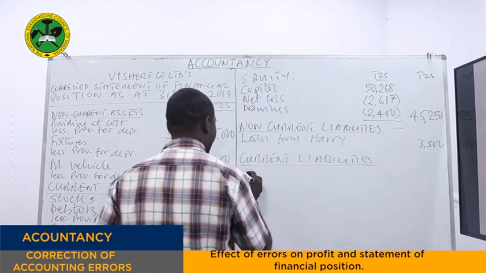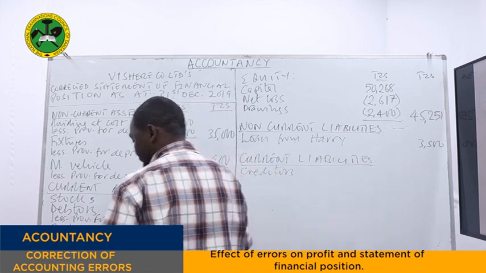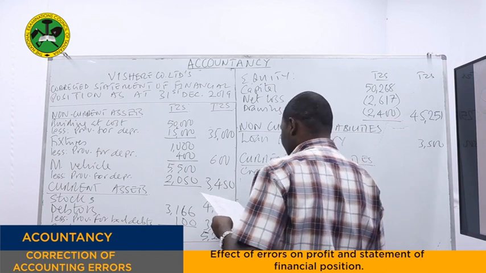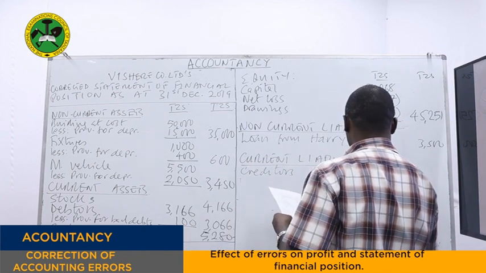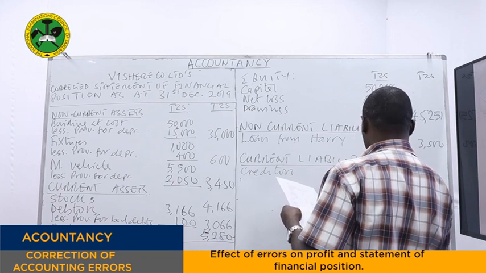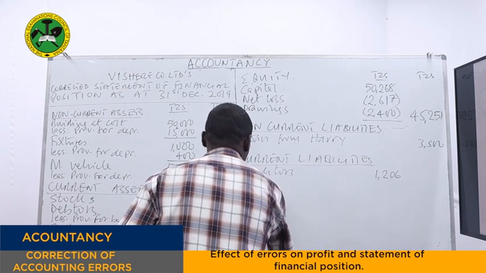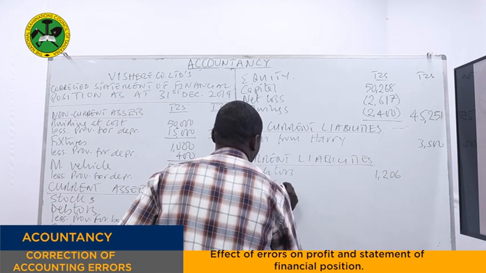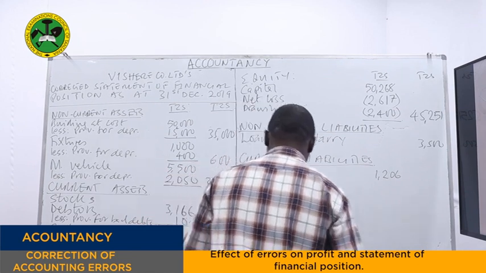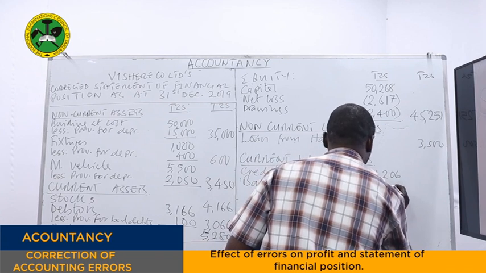With the current liabilities, we have creditors. There was no correction in our creditors. Our creditor balance is 1,206. We had bank overdraft. Our bank overdraft was 1,425.